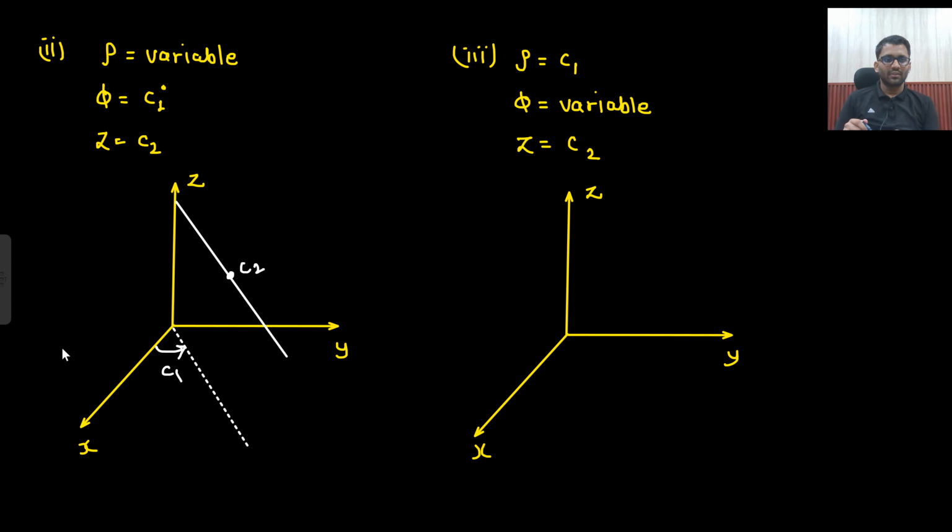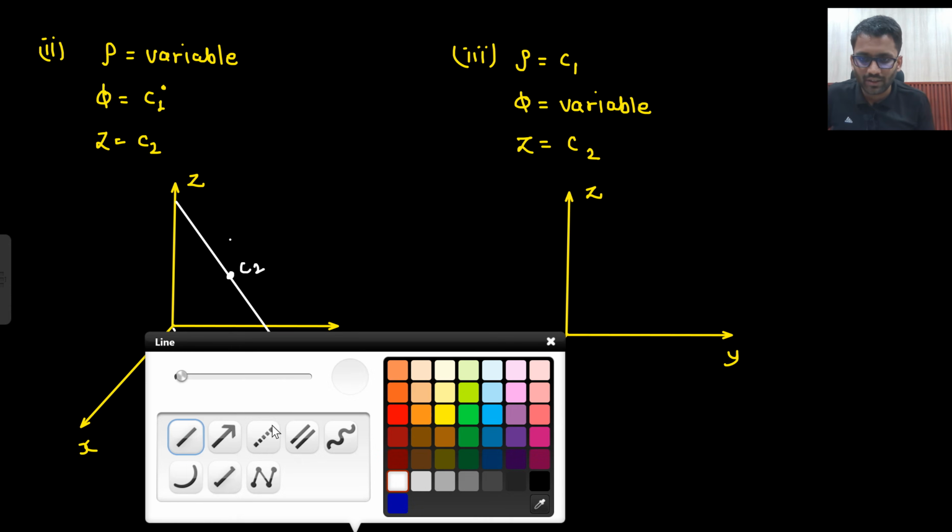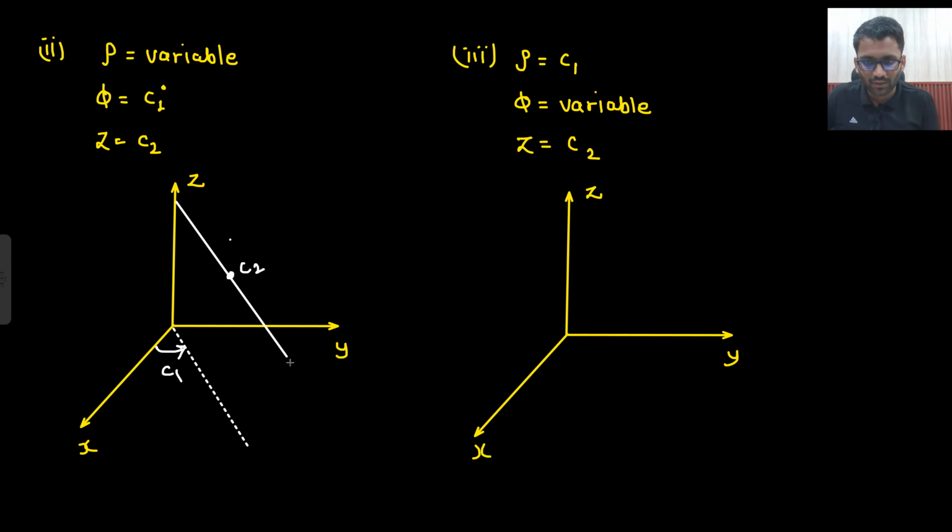Are you getting this point? These things we have seen in the previous lecture as well for Cartesian. Now we are seeing for cylindrical, right? So it is a line only, and I will make it dotted because it can go till infinity, right? Line parallel to arrow.